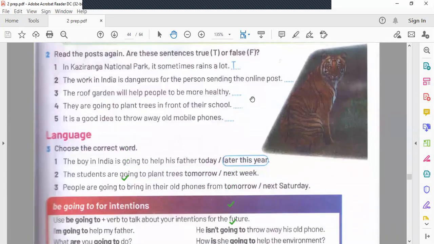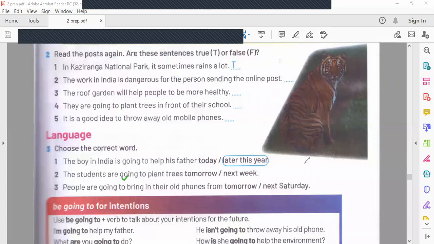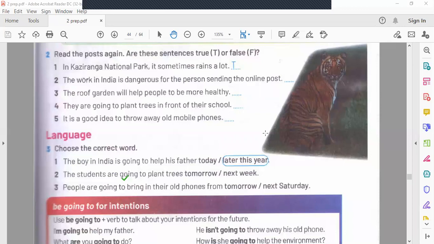Shifting to the next part. Now the grammatical rule, revising the usage of be going to, expressing intentions.